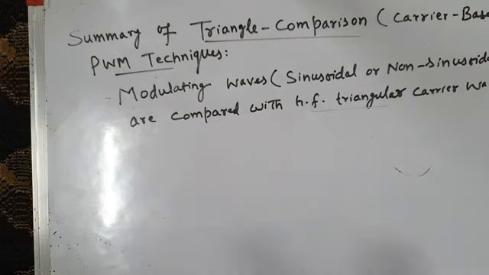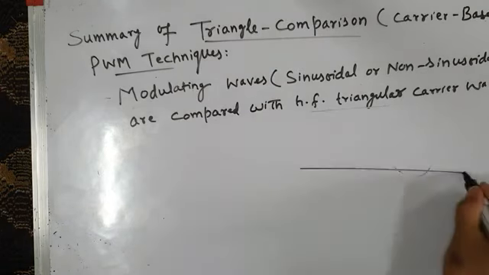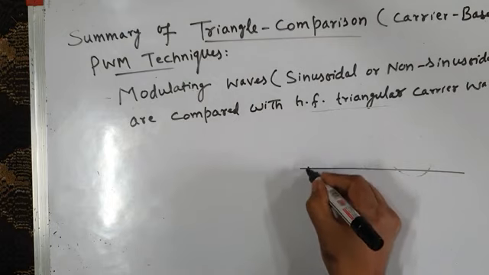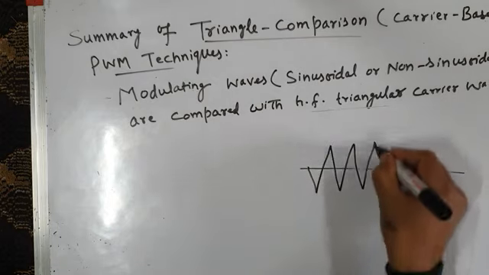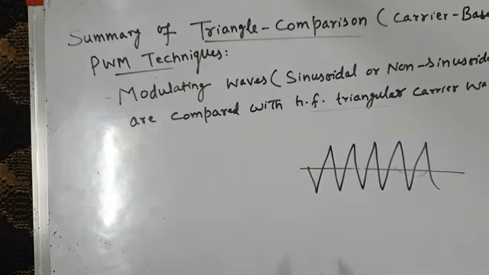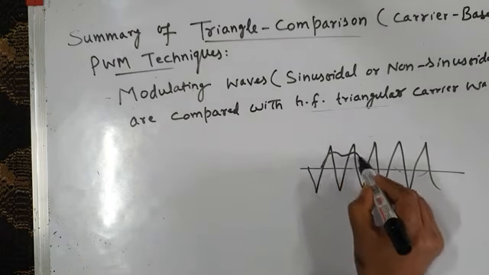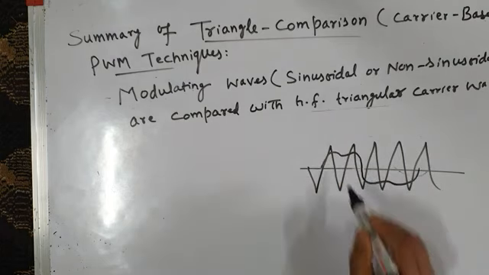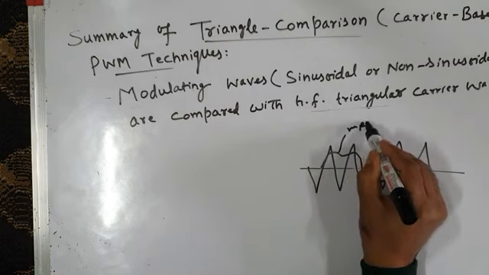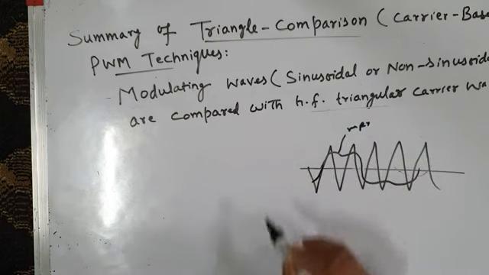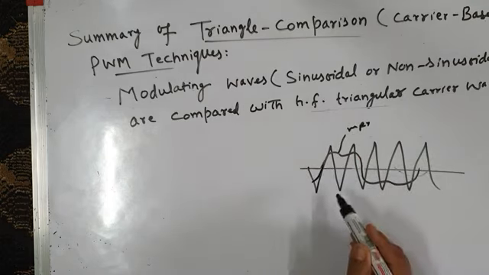And we know how we generate the control pulses. We have a modulating wave like this. This may be modulating wave, say MR star. It is compared with high frequency triangular carrier wave. And the logic is simple.